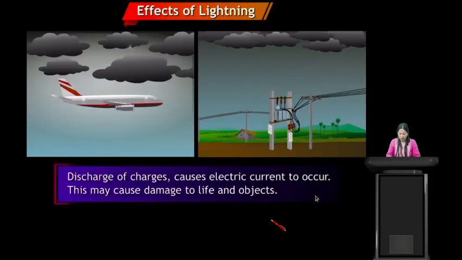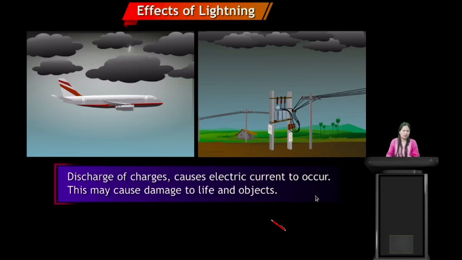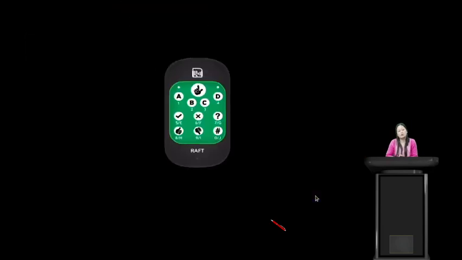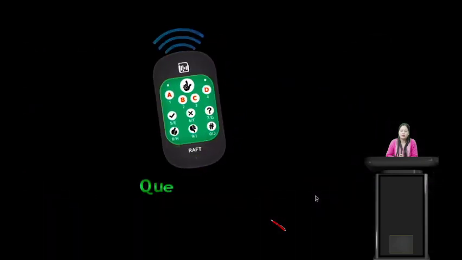So here we can say that discharge of charges causes electric current to occur. This may cause damage to life and objects. So lightning is dangerous to us. The type of lightning that is from cloud to ground is dangerous to us, and these are some of the effects of lightning.